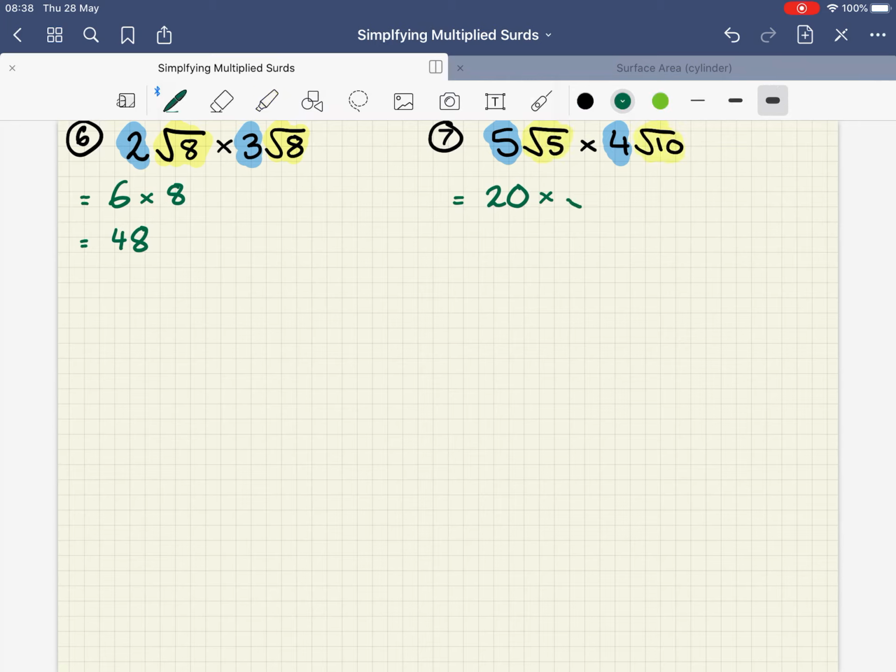They are different, so I am actually going to have to process this. So that's going to be 5 times 10. It's going to be root 50. But pause a second. You can simplify that, because if I divide that by 2, that gives me 25, which is one of my square numbers.